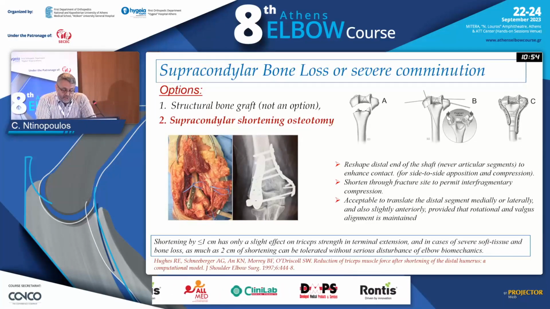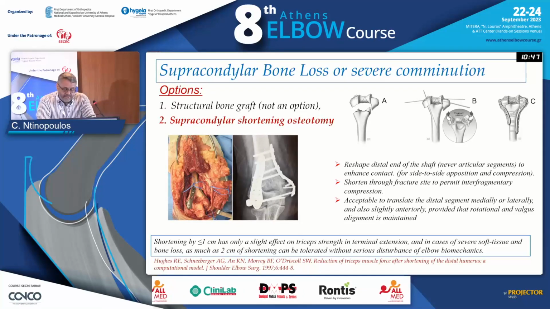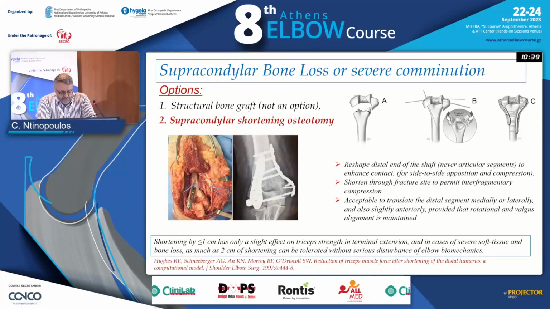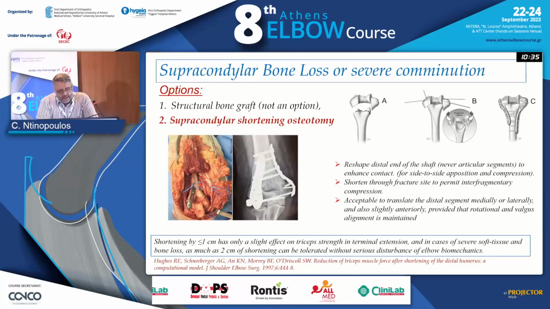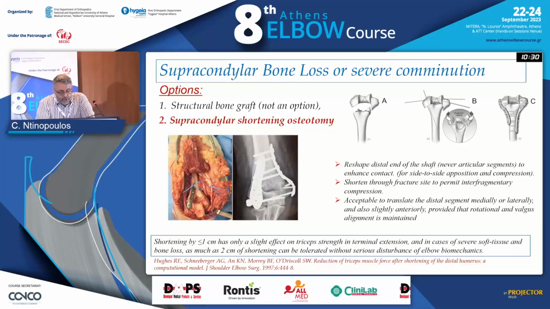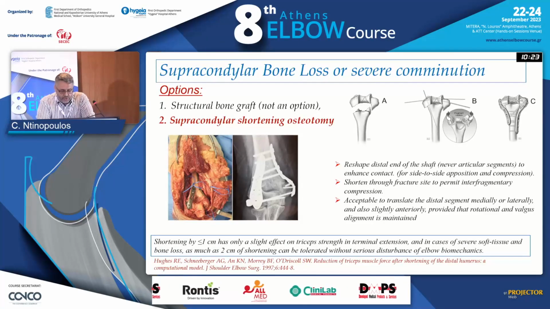O'Driscoll suggests shortening the proximal part of the fracture, the shaft, in a way that can interdigitate with the distal set of fragments. So you can reshape the distal end of the shaft in a way that can, let's say, apply a nearly closed fracture area, and then fix the whole fracture in a certain way, but with the same rules.